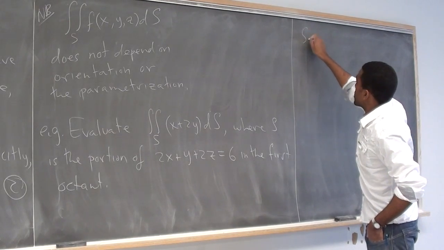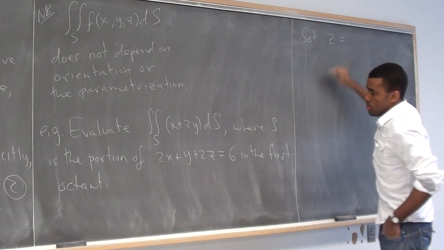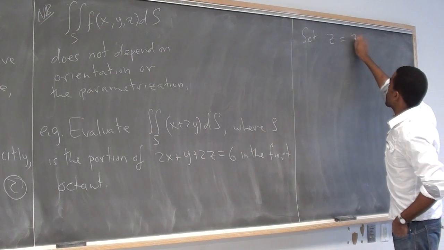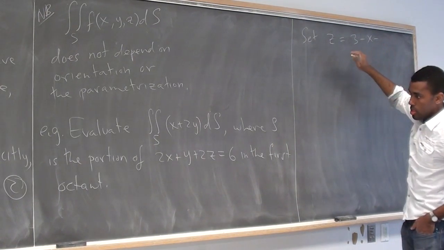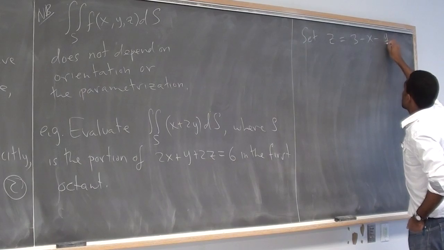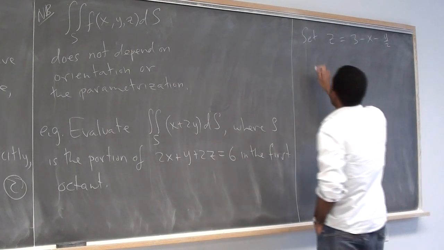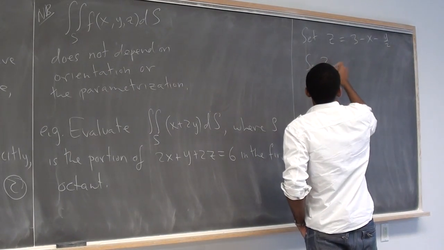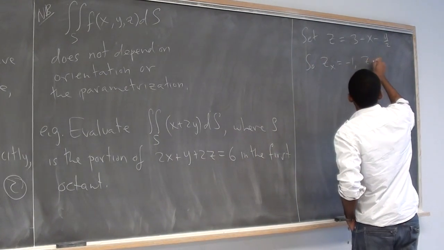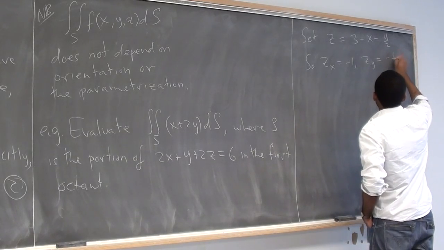So set z to be equal to what? 3 minus x minus y over 2. Right? So z sub x would be minus 1, z sub y would be minus a half.